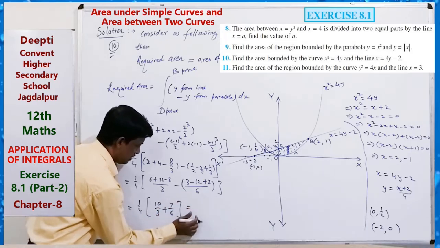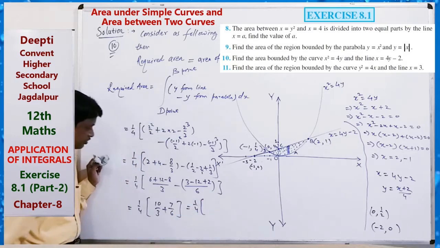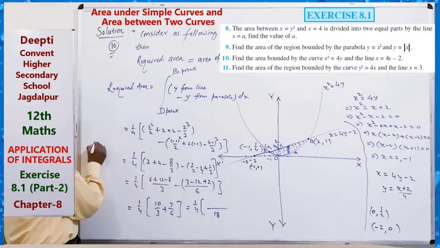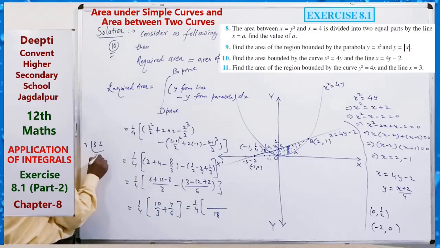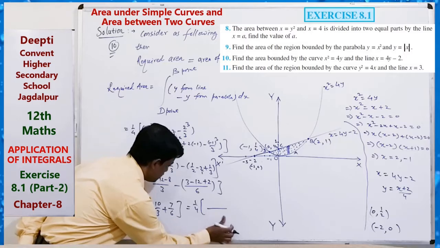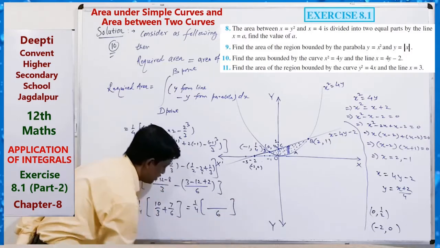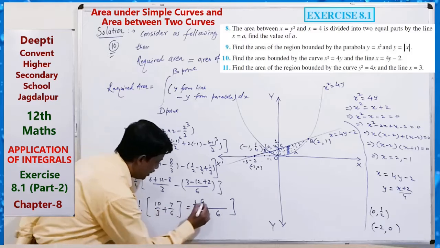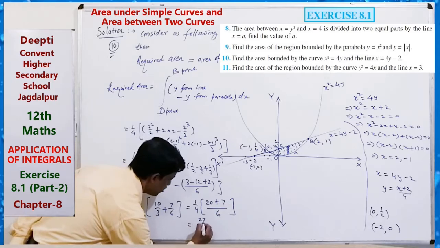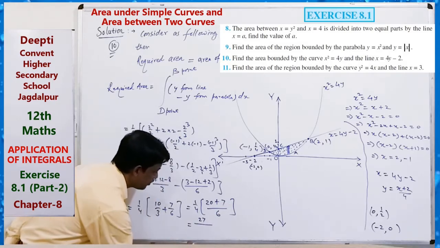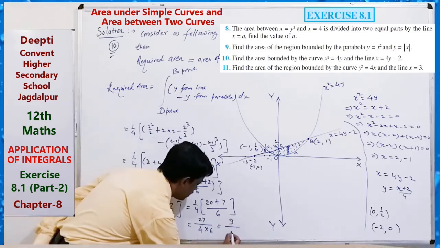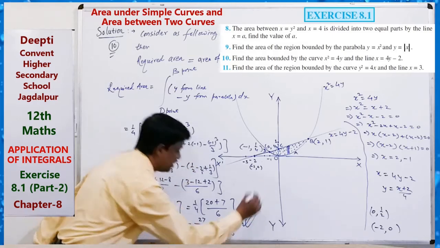Now solving with LCM 6: 20 plus 7, so 27 by 4 into 6, which is 9 by 8. This is the answer.